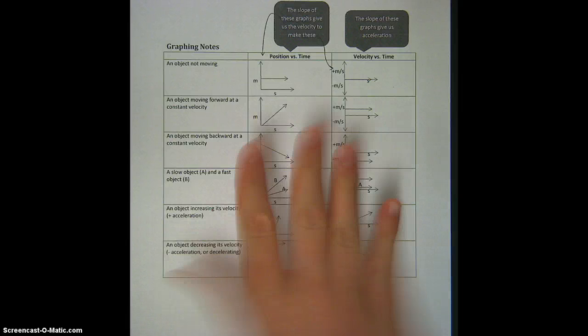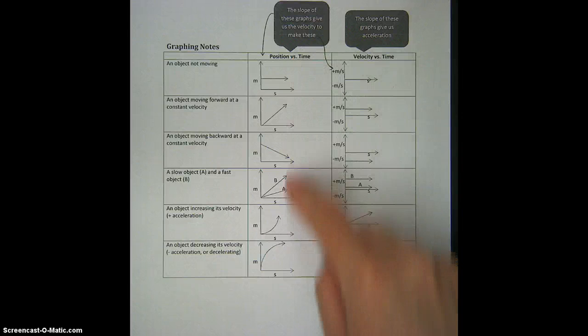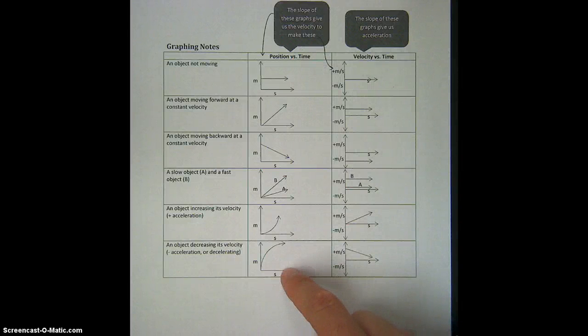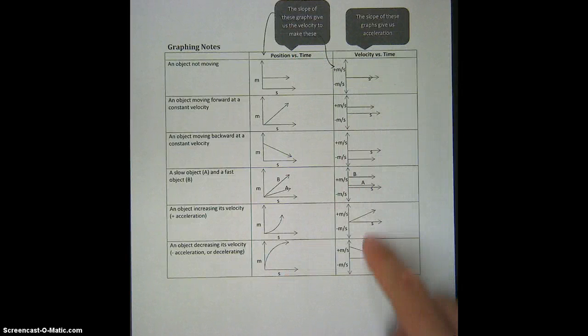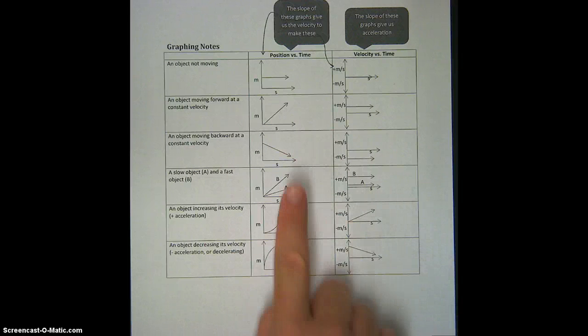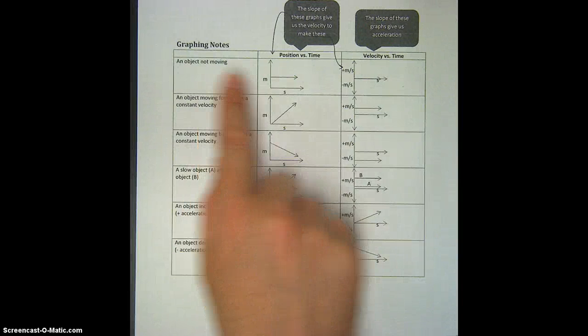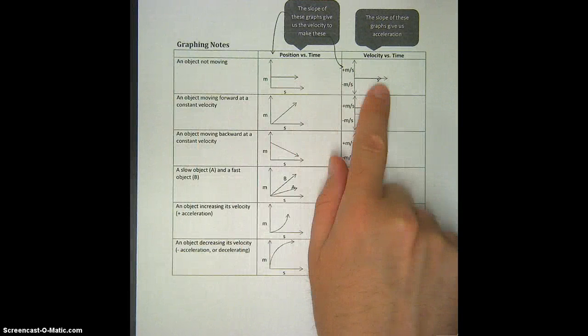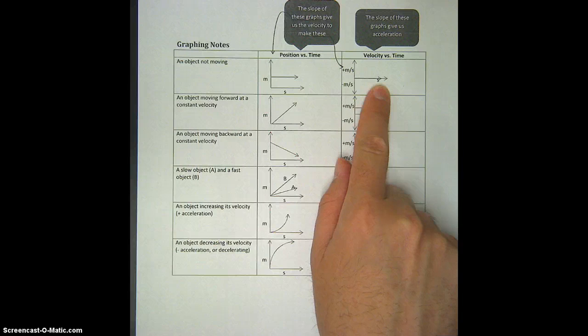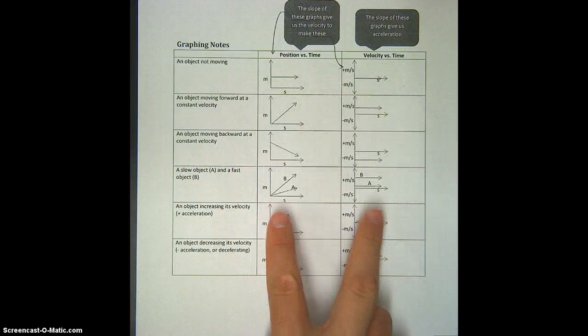Remember that this page is all about taking a position versus time graph and making it into a velocity versus time graph so you can see where they relate to each other. An object not moving can be expressed like this or like this, depending on the type of graph you want. Same thing's true for the rest.